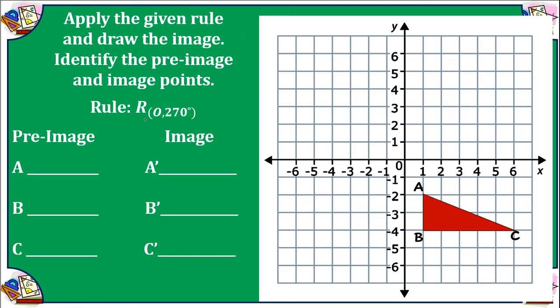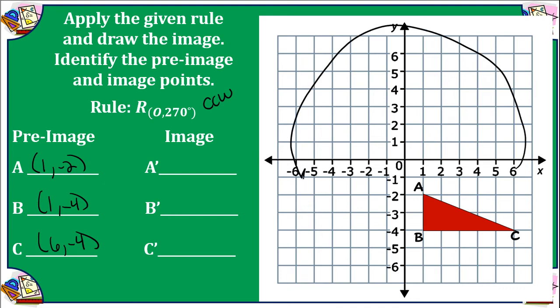Okay, now they are giving us the rule, and we are going to identify our pre-image coordinates. So we have 1 comma -2, 1 comma -4, and we have 6 comma -4. Since we are going counterclockwise, we're going around all the way until we get to quadrant 3 because 270 is 3 quadrants.